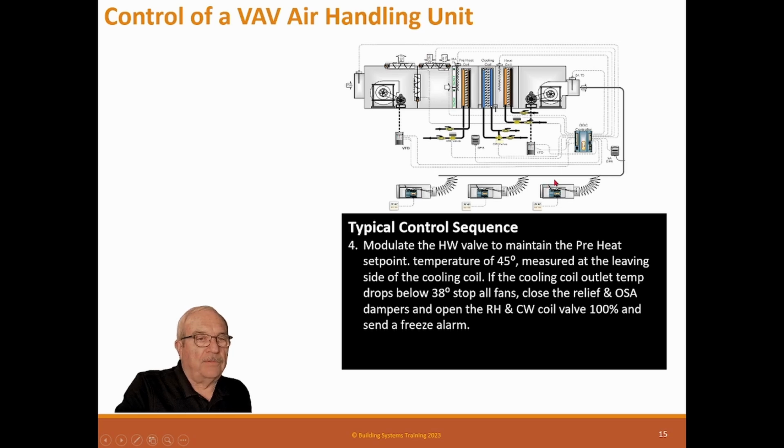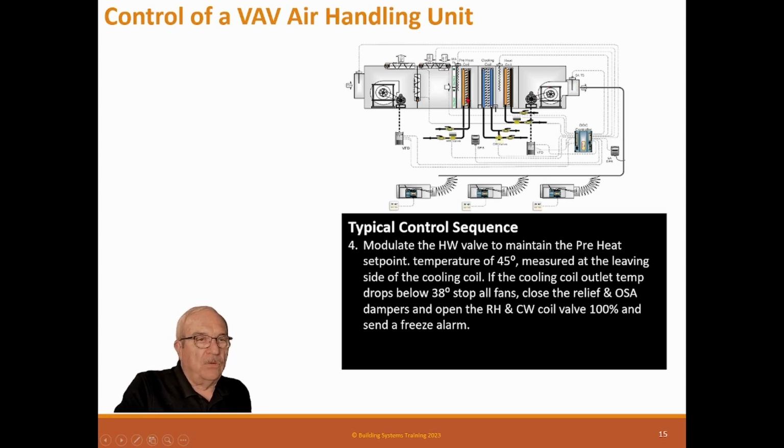Modulate the hot water valve. This is the preheat valve to maintain the preheat set point temperature, 45 degrees, measured at the heating side of the cooling coil. So right here we have a temperature sensor that measures the leaving temperature of the cooling coil, which normally has a set point of 44 or 45 degrees. And then we have a heating coil downstream, and we have a sensor down here to measure the temperature here.